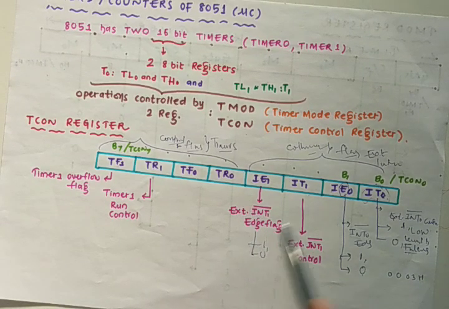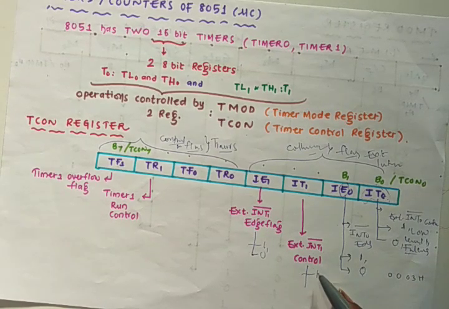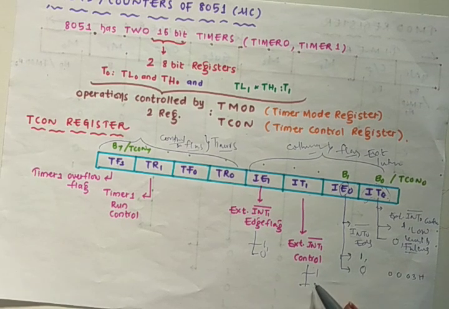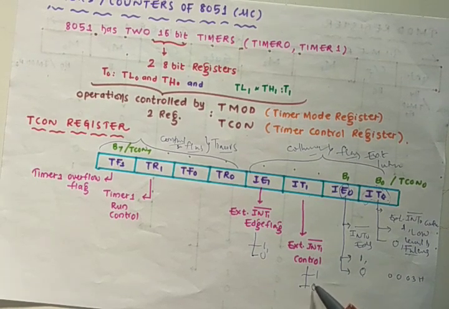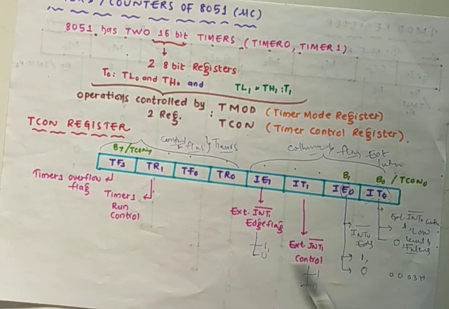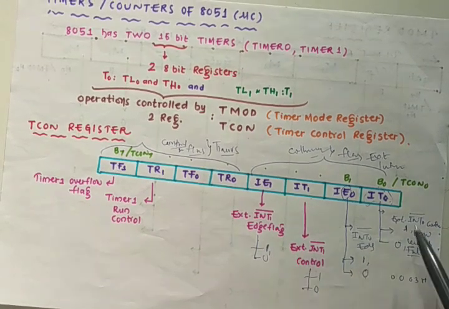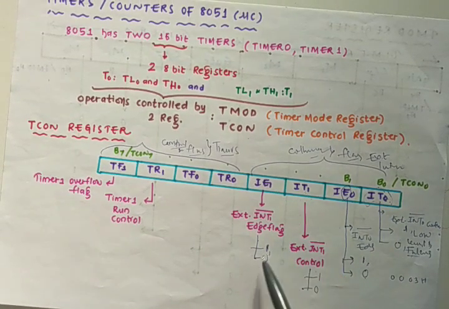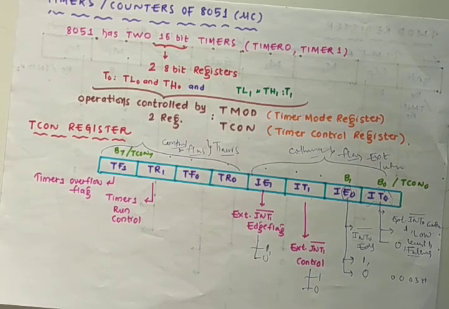And the same case here also: 1 means low level triggered, and 0 means falling edge triggered.